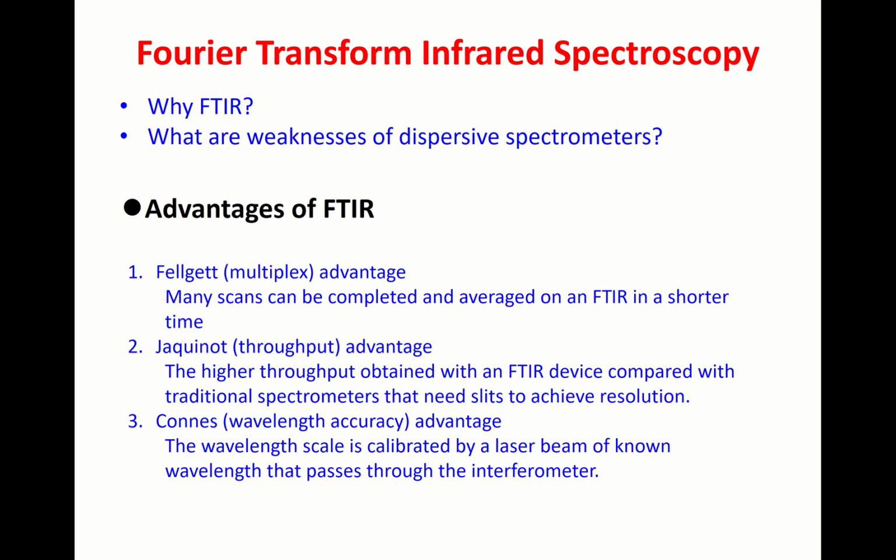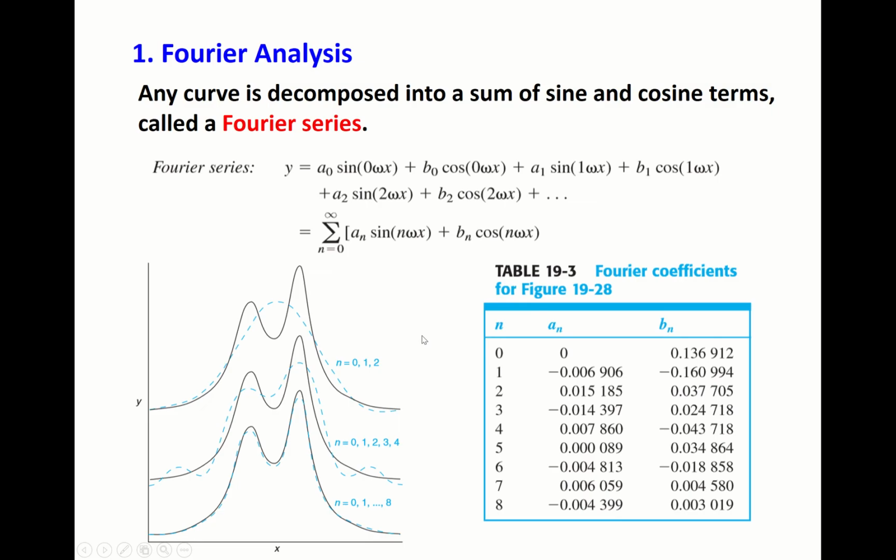But in FTIR the wavelength is calibrated by a laser beam of known wavelength. So the resolution is absolutely high, you know. That's the Connes advantage, since the instrument is calibrated by a laser. So it has at least three advantages.